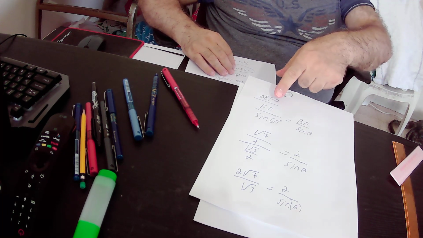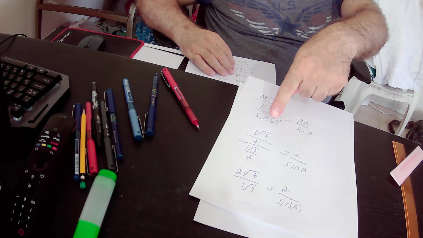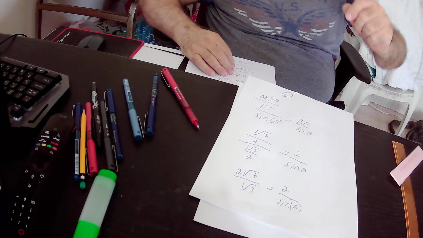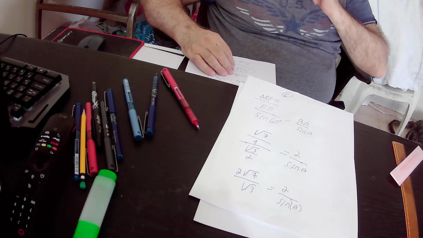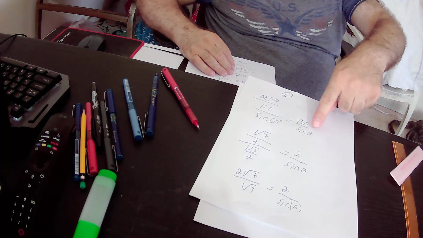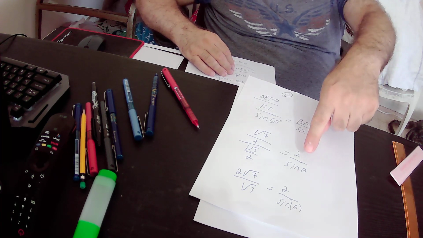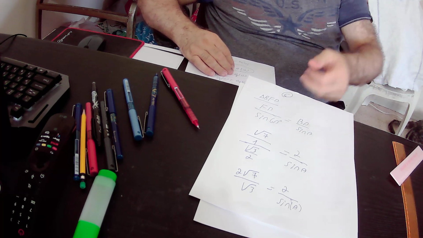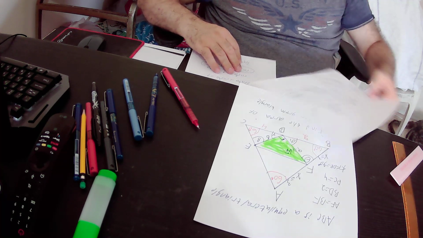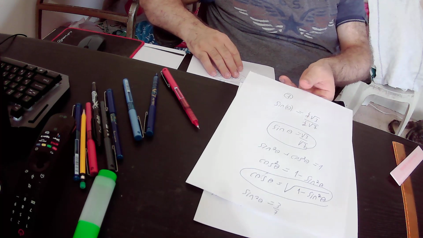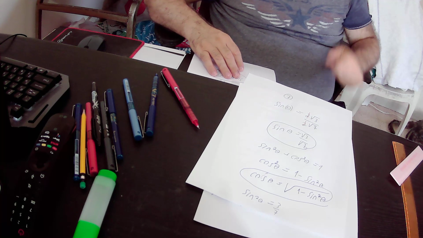But we know that FD equals the root of 7. Sine 60 is the root of 3 over 2. And DB equals 2 units. And sine theta is sine theta. So we found out that the value of sine theta is the root of 3 over root 7.